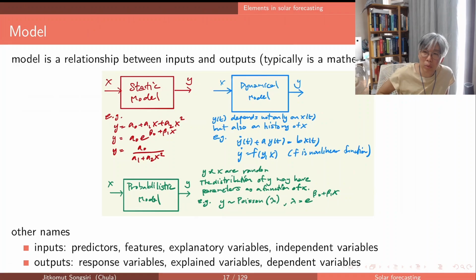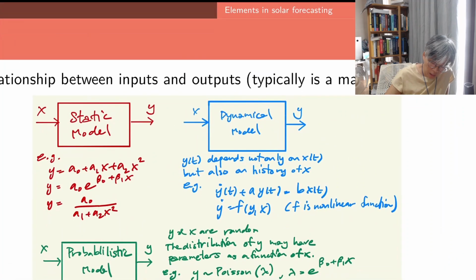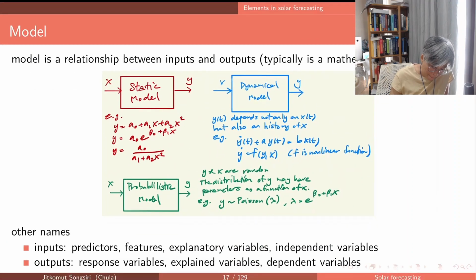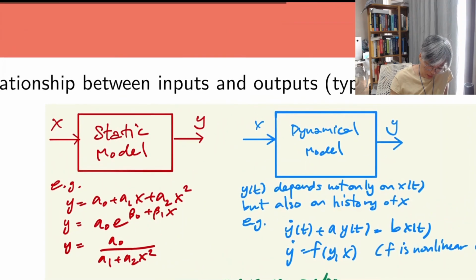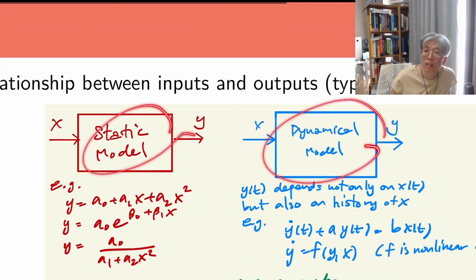So talking about the model, let me catch up the background so that we're on the same ground. If I split the model types into broad categories, first we say a model is either static or dynamic.